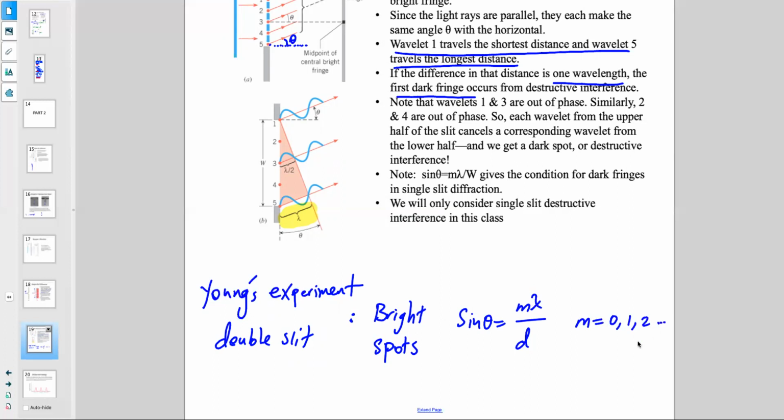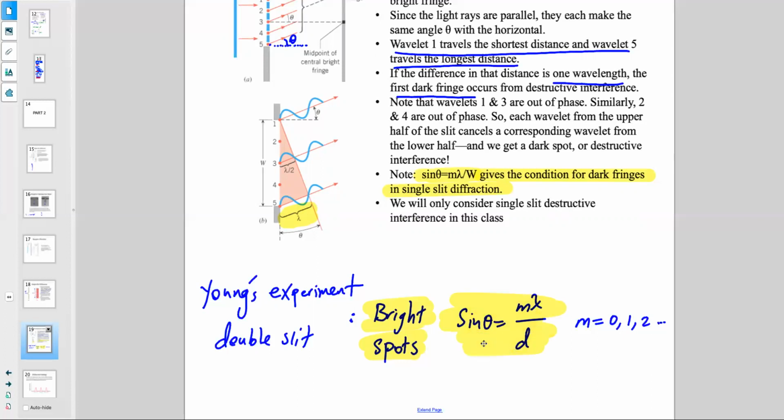But here for the single slit, sine theta equals m lambda over w, and w is this whole distance of the doorway, or the whole length of the slit. m lambda over w gives the condition for a dark fringe. They are similar. For the Young experiment, this will give us the bright spots, okay?